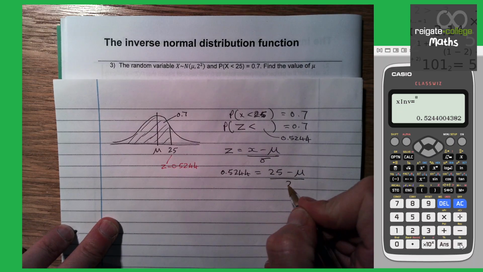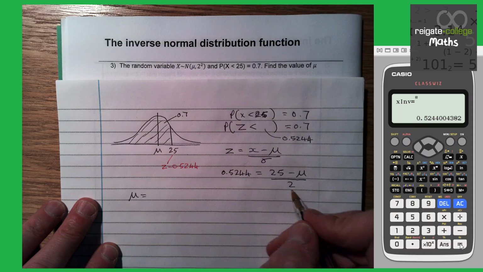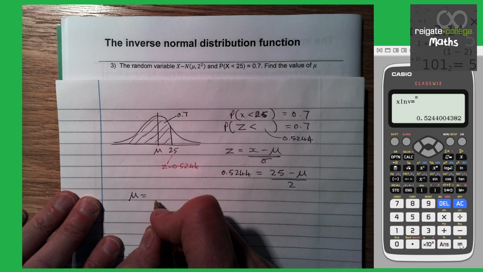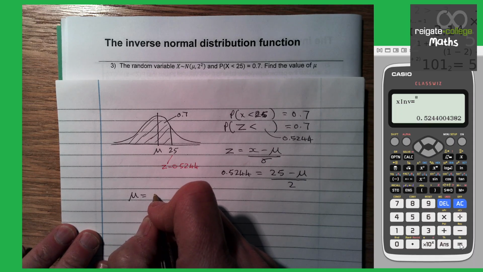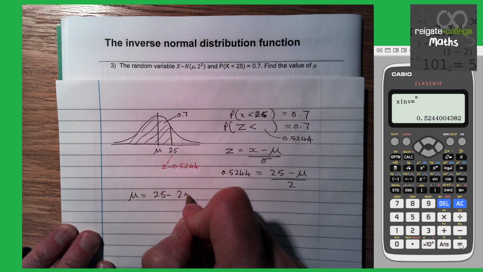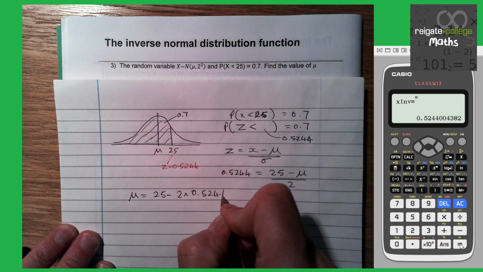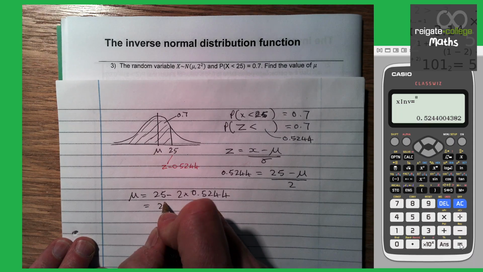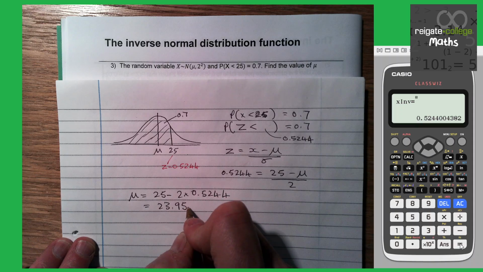So then mu is equal to 25 minus 2 times 0.5244, and that comes out to 23.9512.